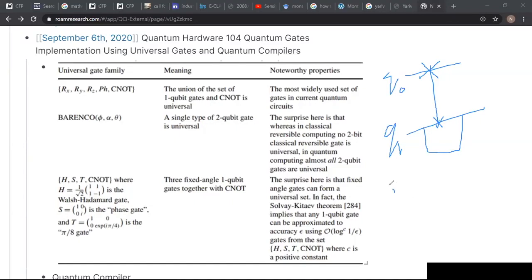When you see it on the real hardware level, you will have Q0 and Q1. There will be a C0 gate from Q0 to Q1, then a C0 gate in the opposite direction from Q1 to Q0, and again a C0 gate from Q0 to Q1.